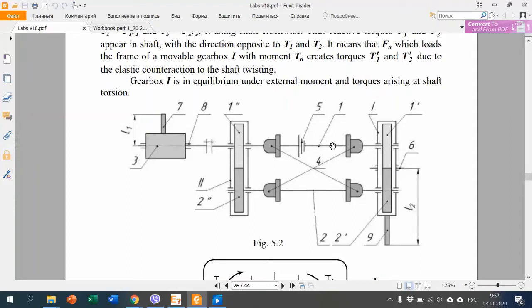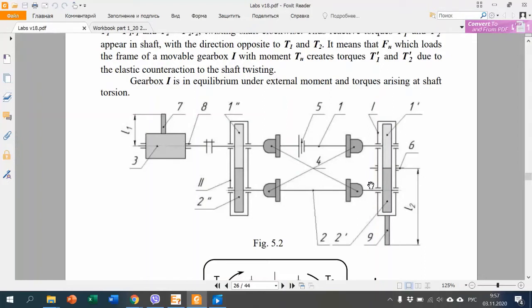And in this case, we can create power inside this circle, inside this mechanism, and to create this power, we use a simple variant. I describe it right now.